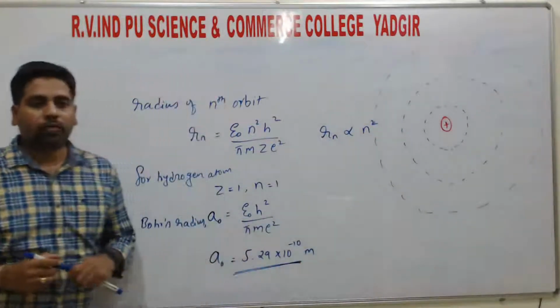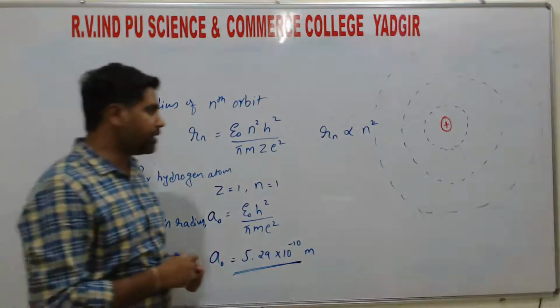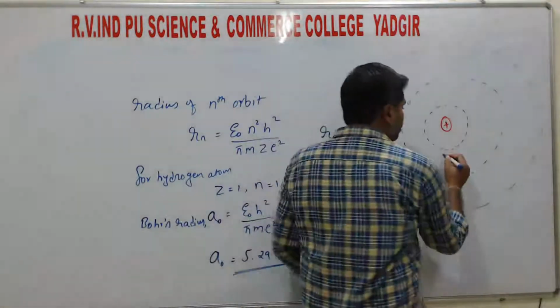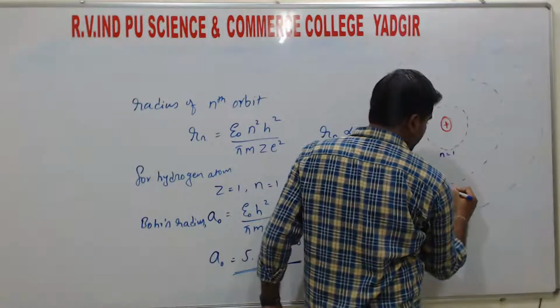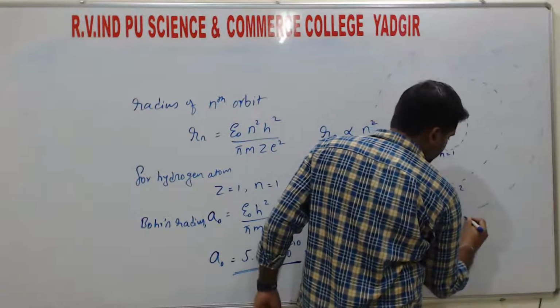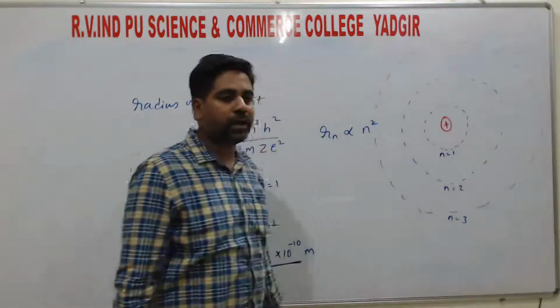For the hydrogen atom, here the n value is 1, here n is 2, and here n is 3.